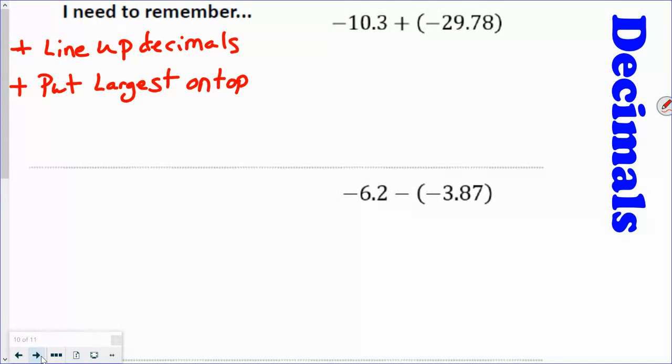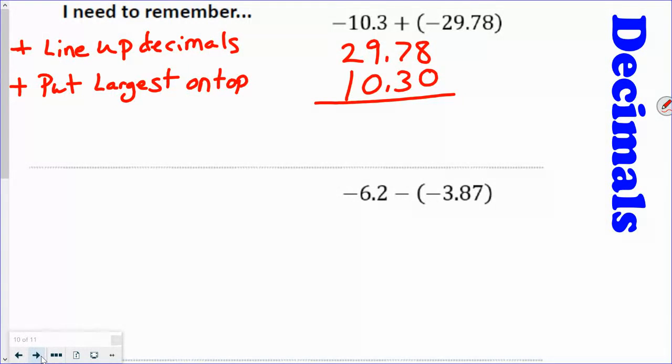So when I look at this -10 and 3/10 plus a -29 and 78/100, I'm going to put my larger value on top, which is 29. And then my 10 goes underneath, and I have to add a 0 under my 8.